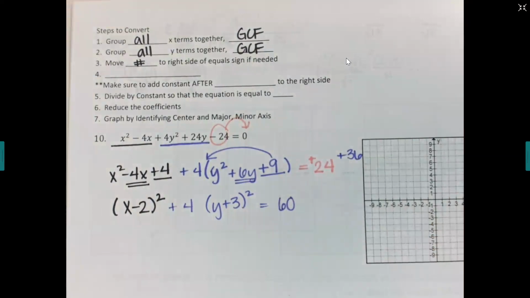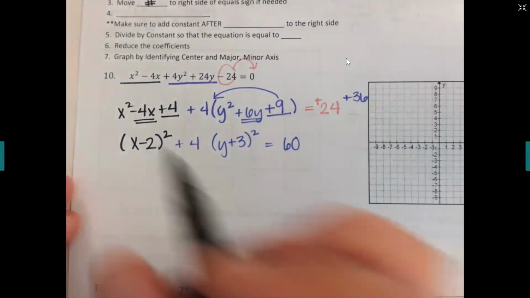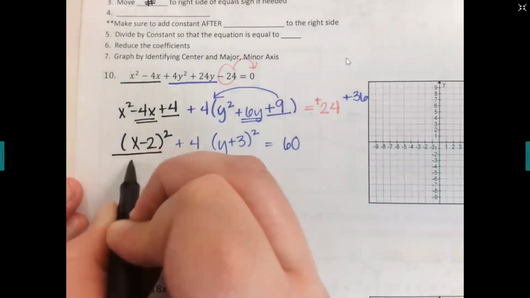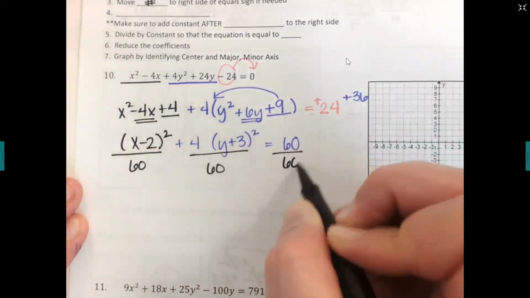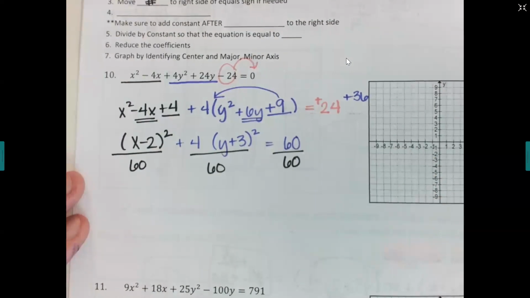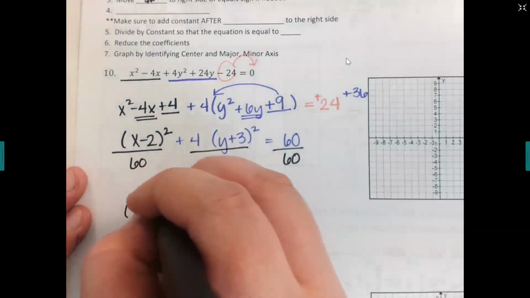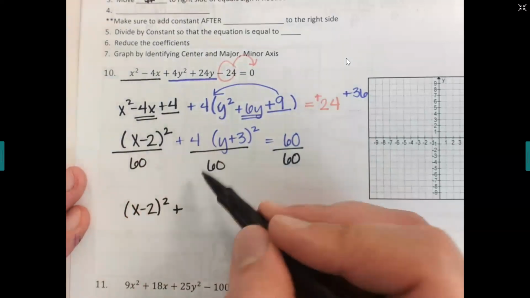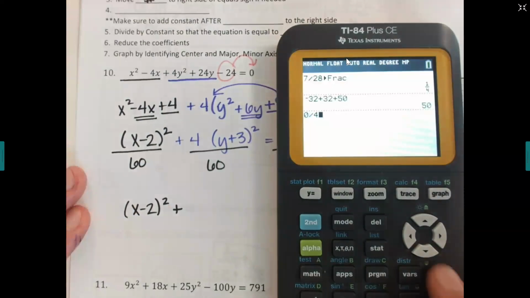Okay. Then from there, how do we get rid of the 60? Divide. So you'd have X minus 2 squared over 60. And then divide 60 by 4. I don't know what that is. So let's see. 60 divided by 4 is, oh wait, 15, I think.